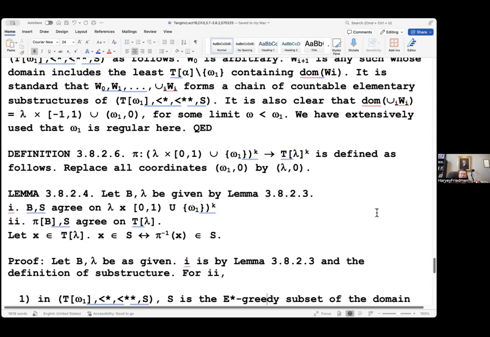I have the function pi. Be careful: this is a function from k tuples. When I wrote a second omega 1, that's not quite right; I should write zero.